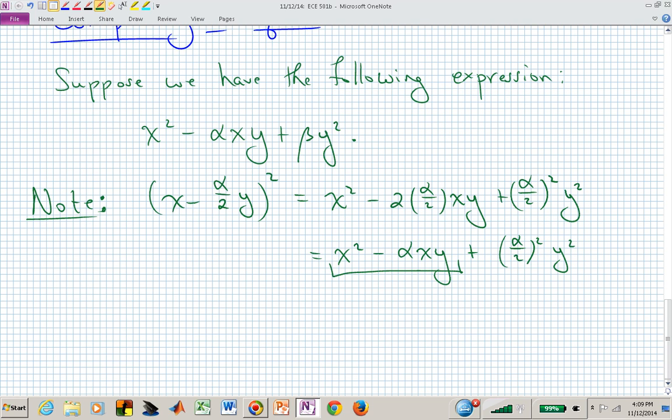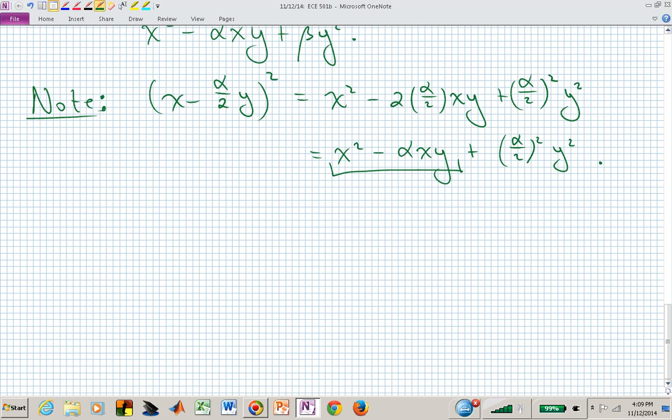We now need to simply use this note to complete the square in this beginning expression. So now look at what we started with before, which was x squared minus alpha xy plus beta y squared.